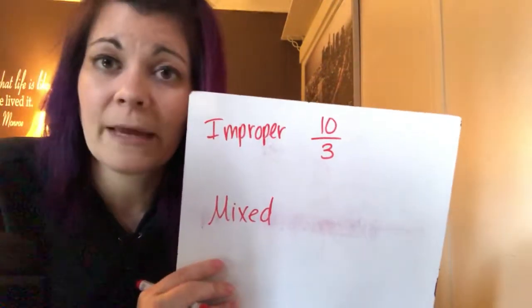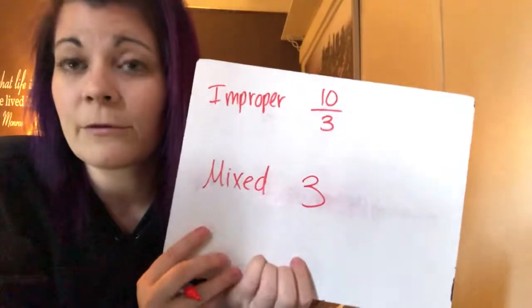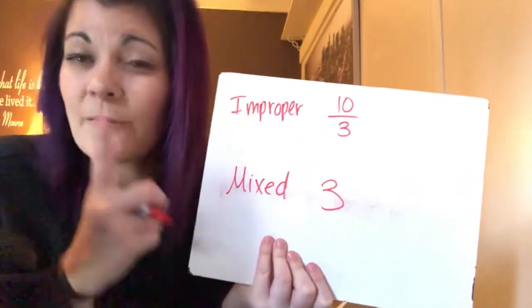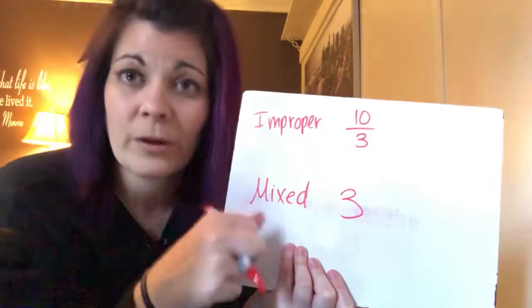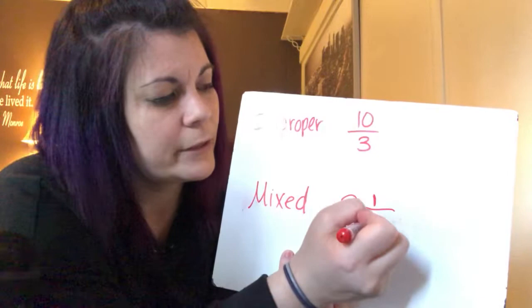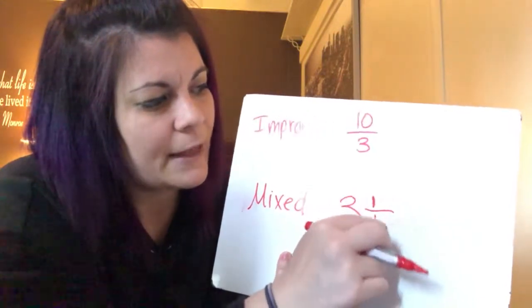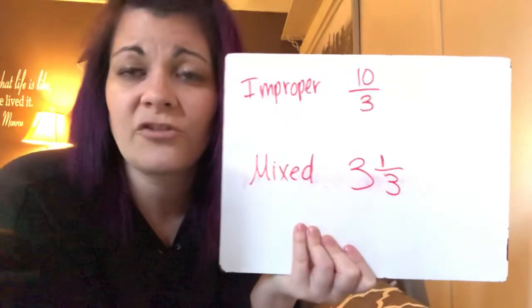Well, knowing your multiplication, 3 times 3 is 9, so it goes in 3 times. And then we have 1 left over, because we're trying to get to 10 and we just went 3 times 3, 9. So we have 1 left over, so that's our new numerator. And then our denominator stays the same. So it'd be 3 1/3 to change to a mixed fraction.